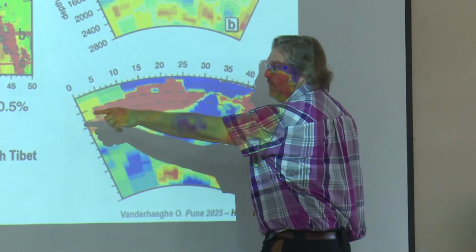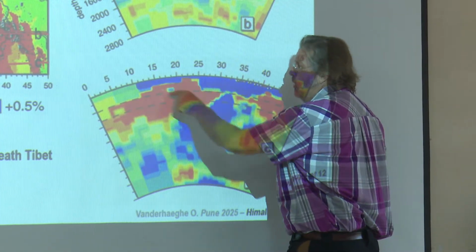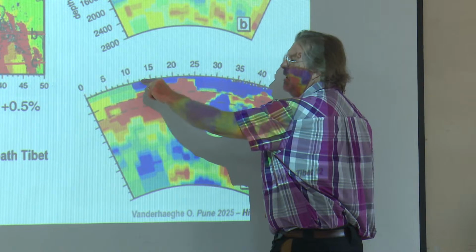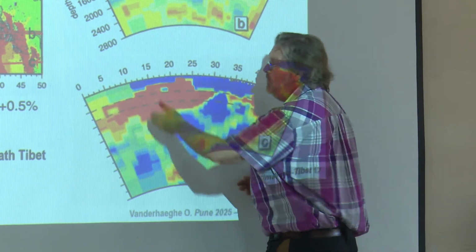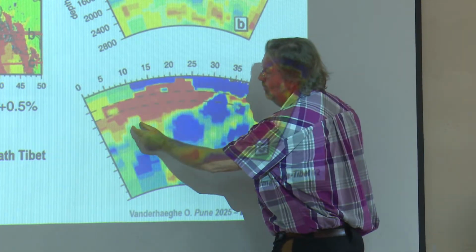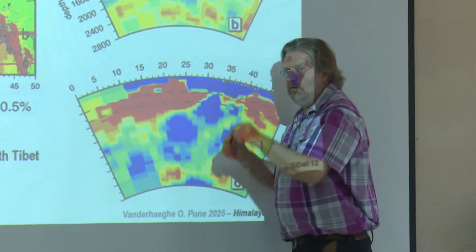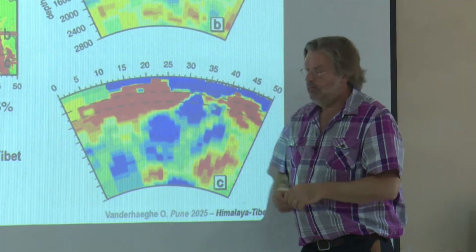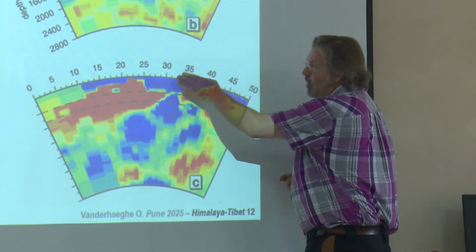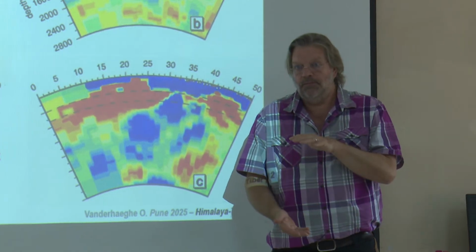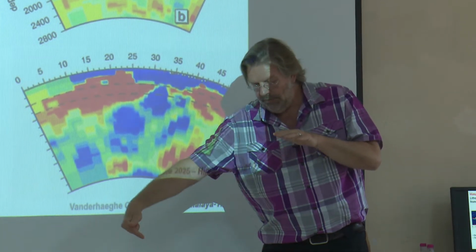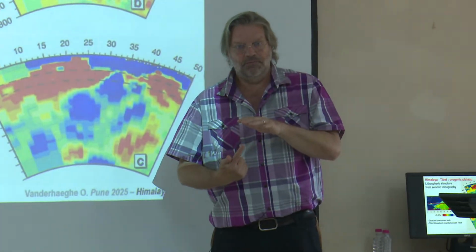So you compare the time of arrival of seismic waves with the time of arrival predicted by a 1D model. And all these squares here are cells. The problem here is that it's the place on Earth where the crust is thickened, and the waves are going across that crust.